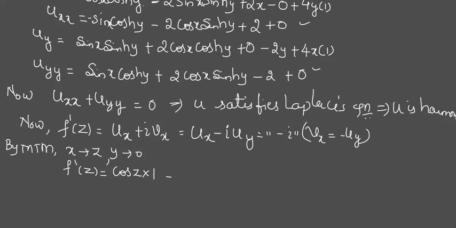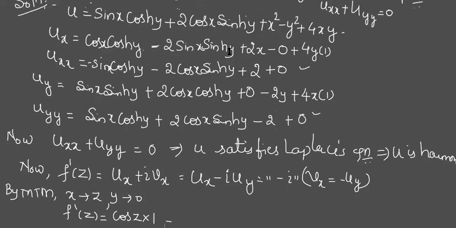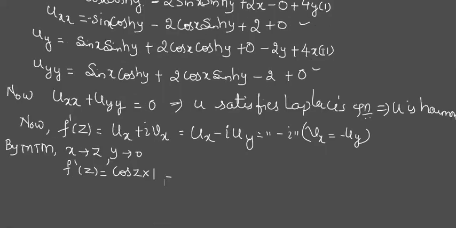Minus, you can see in ux you have a sine hyperbolic and y is 0, so sine hyperbolic 0 is 0. So the second term in ux becomes 0. Then this is plus 2z plus 4 into 0. Tell me what remains. This is minus 0 plus 2z plus 0. Done.